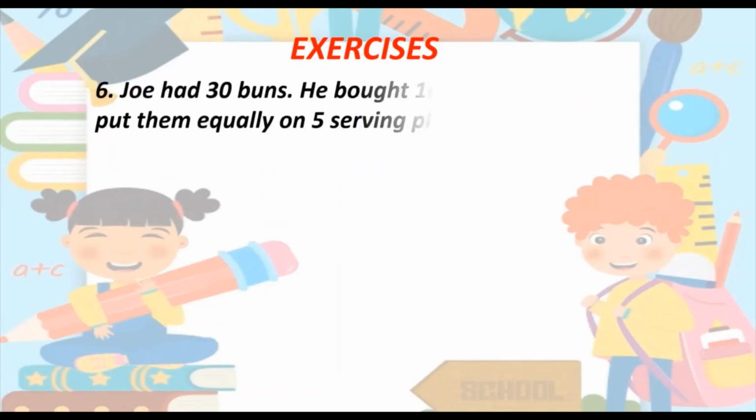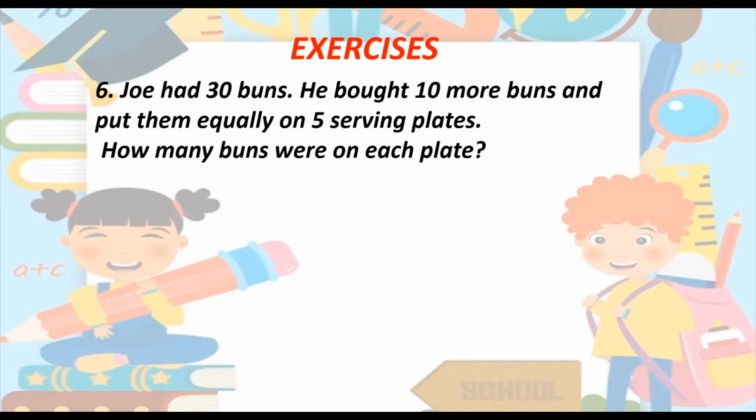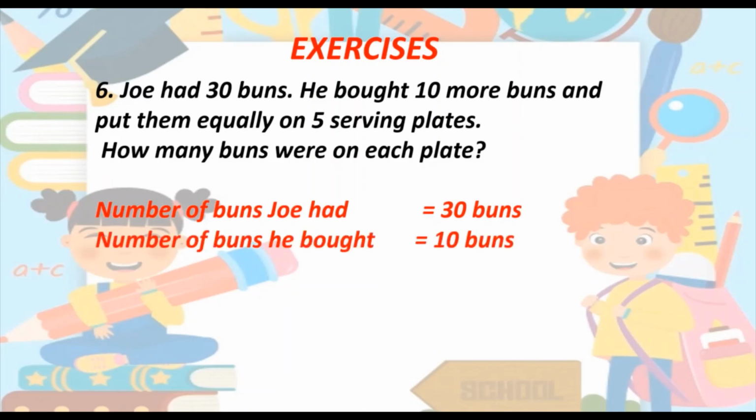The next sum, Joe has 30 buns. He bought 10 more buns and put them equally on 5 serving plates. How many buns were on each plate? Number of buns Joe had, 30 buns. Number of buns he bought, 10 more.